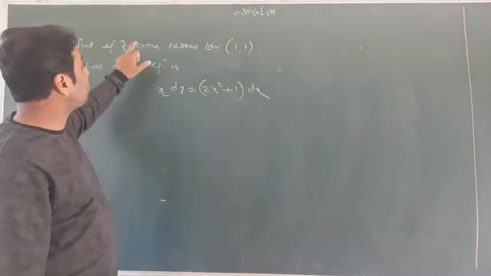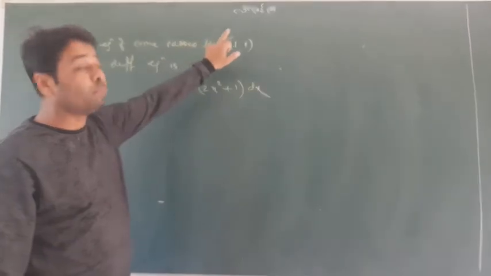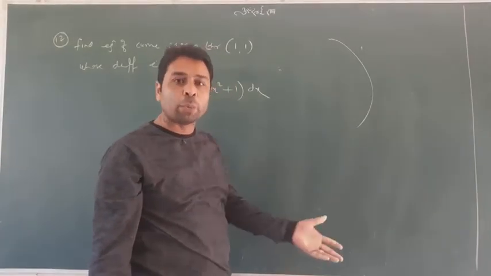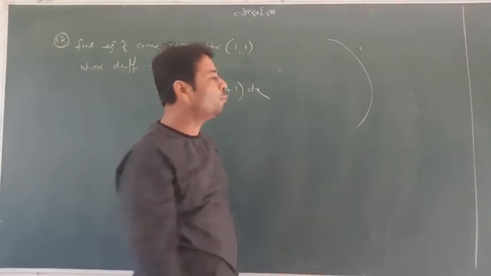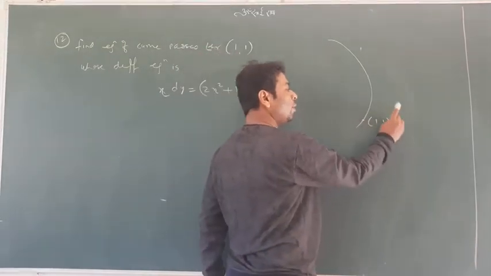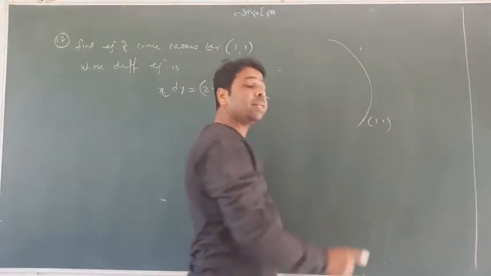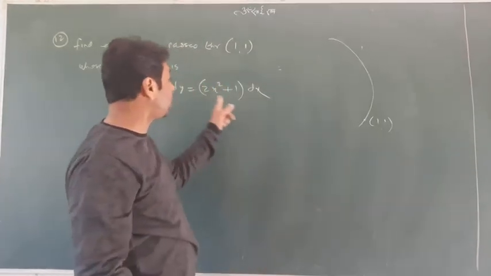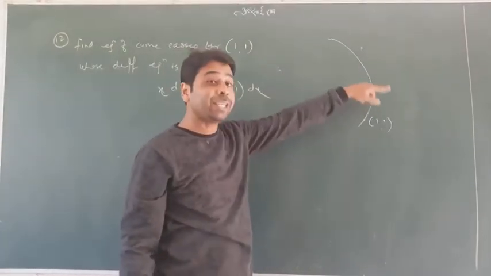Find the equation of the curve that passes through (1, 1) whose differential equation is this one. Meaning this is the curve, and definitely the curve has its own equation which passes through (1, 1), and the curve has the corresponding differential equation which is this one, and we want to find its equation.